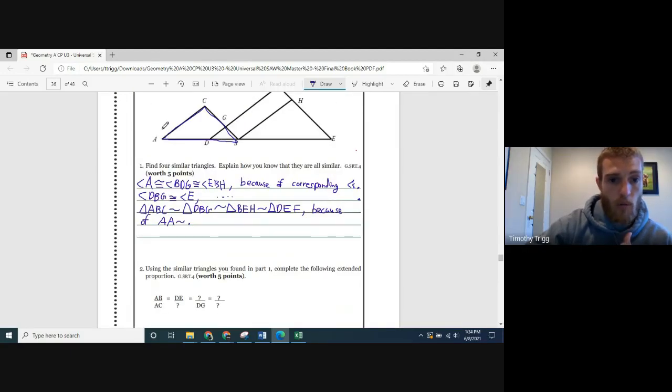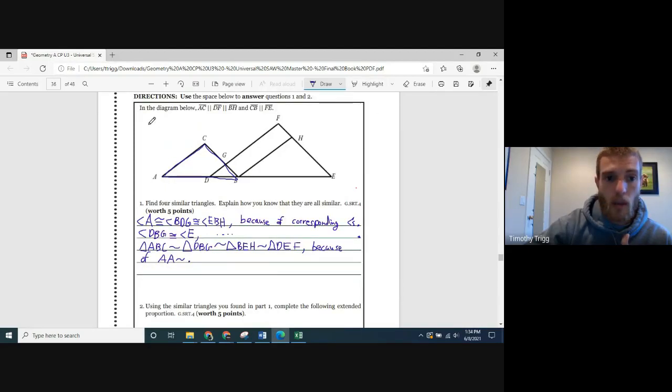AB over AC. This proportion will be the same as, well, let's look at this smallest triangle here. Instead of an AB here, this would be DB, right? DB over, and instead of AC, what's in that position? DG. Okay, DG.